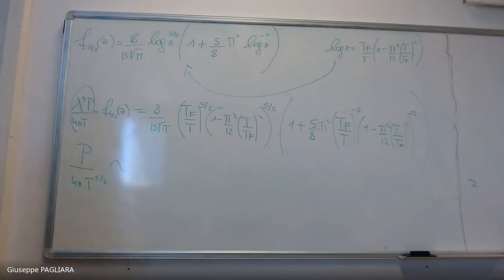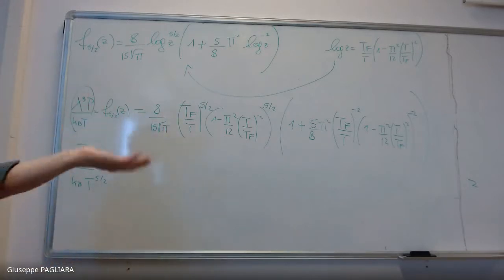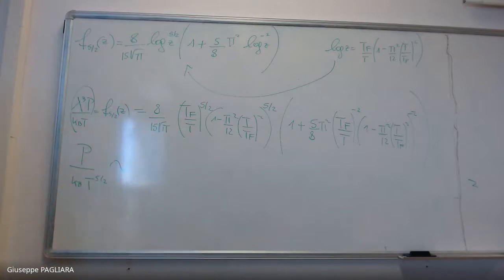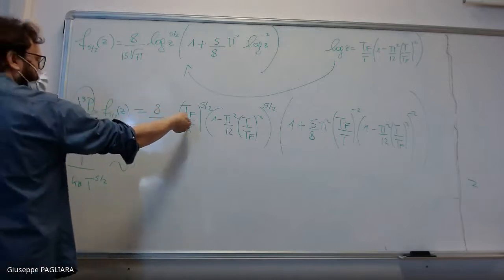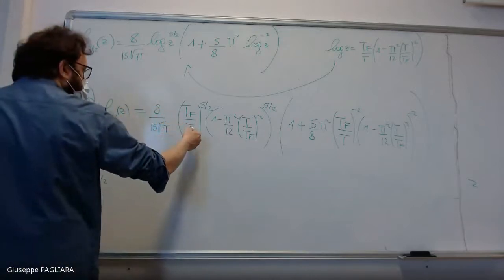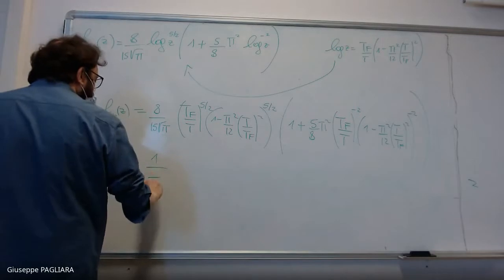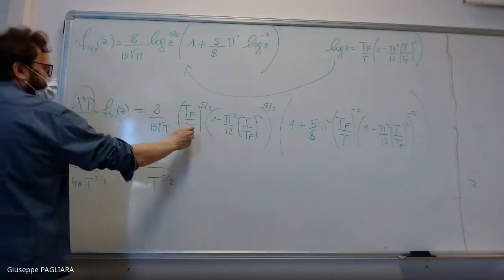I'm taking the proportionality in order to avoid all the prefactors, which one can check must reproduce the T equals 0 case, but it's quite boring to do this. So let's be a little bit smarter. So here you have P divided by k_B T to the power of 5 half, coming from the lambda. And this is proportional to a quantity that again has a 1 divided by T to the power of 5 half.